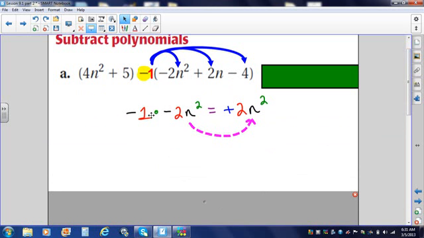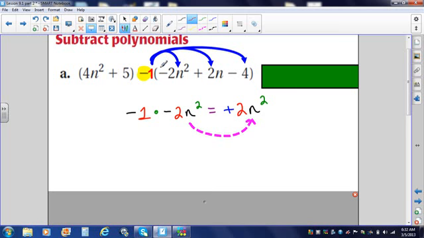A -1 times a -2 gives me +2. My dog is n squared, and I do believe we have a sound effect for our dog. Nice. So when I distribute here, I'm going to get +2n squared.